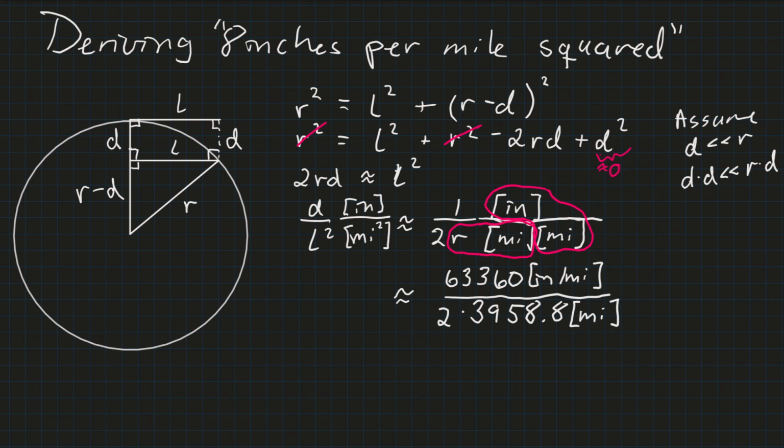Now, we plug this into our calculator. What do we get? Well, we get 8.0024 inches per mile squared, which is pretty much 8. So now you know why there are 8 inches per mile squared. Thanks.